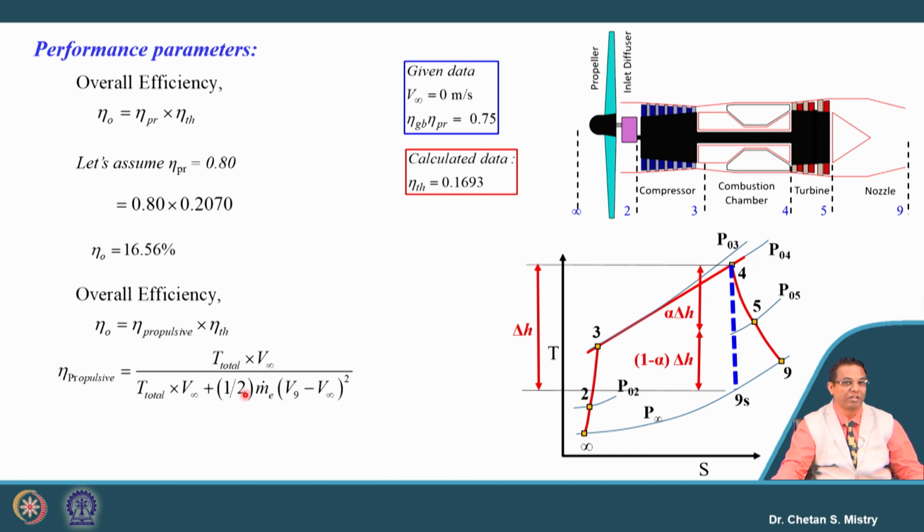Now here in this case, it is a ground condition where my V infinity is 0. So my propulsive efficiency will come 0. So do not get confused here in this kind of solution. Just try to understand the exact meaning of propeller efficiency and propulsive efficiency.